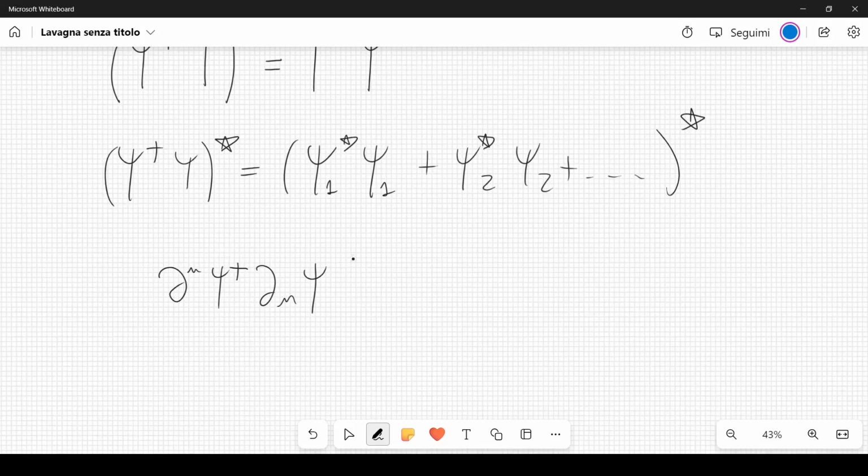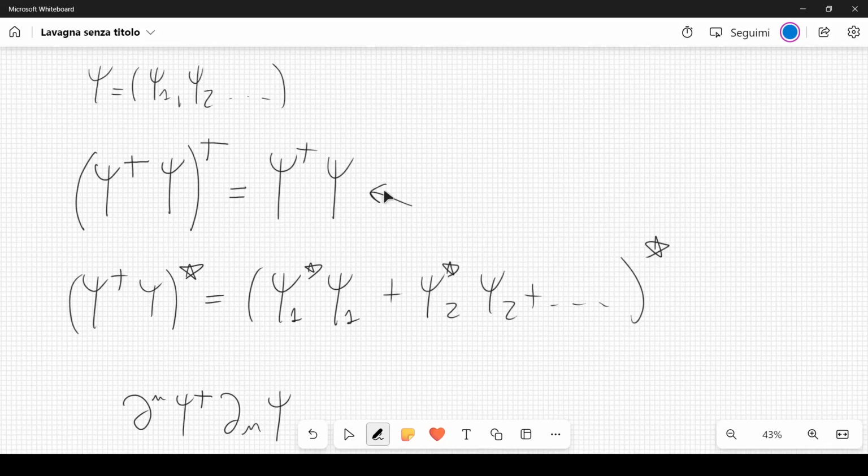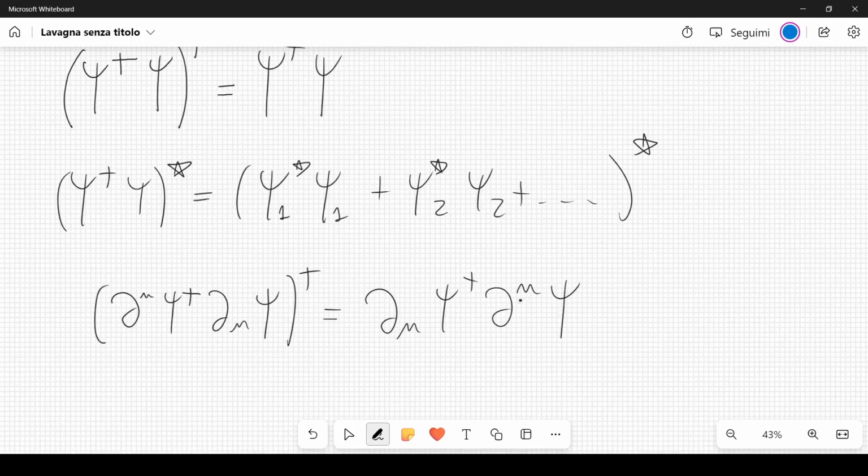And considering basically what we did here, if you take the dagger of this, you get del mu psi dagger del mu psi, and you can lower and raise these indices by using the metric tensor. So you can easily understand that this will also be equal to del mu psi dagger del mu psi. So in principle, something like this can appear in a Lagrangian.